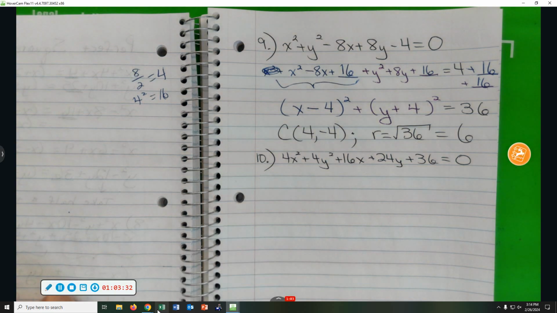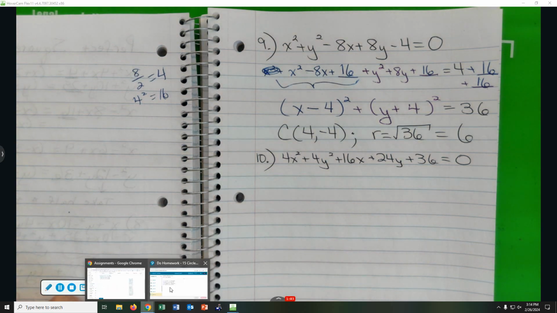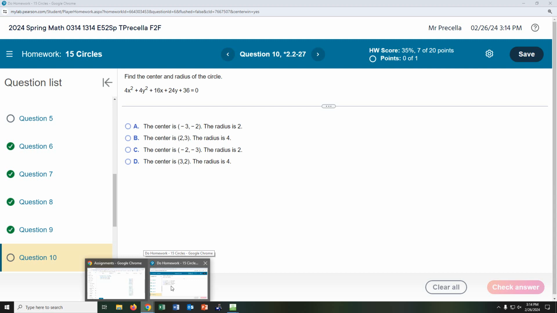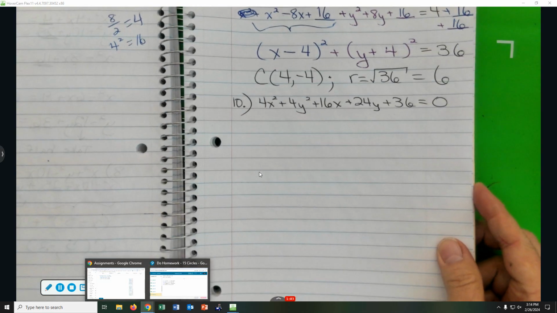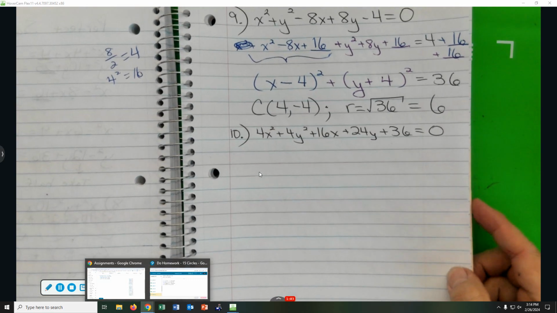Oh, wait, were you not through? I was just making sure I wrote down the right thing. 4x squared plus 4y squared plus 16x plus 24y. Okay, now switch.